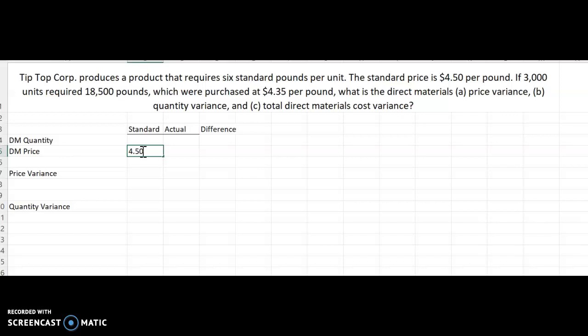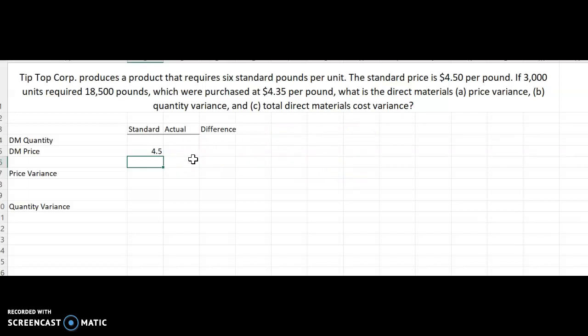$4.50 here. And then it says that if 3,000 units require 18,500 pounds, which were purchased at $4.35 per pound, what are these variances? So the actual that we purchased them for is $4.35.